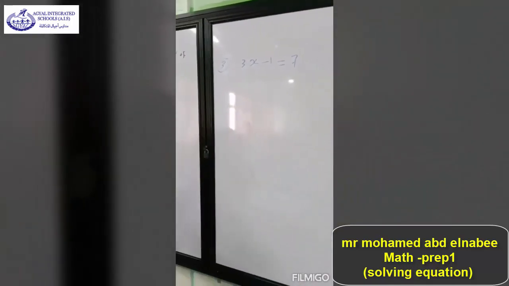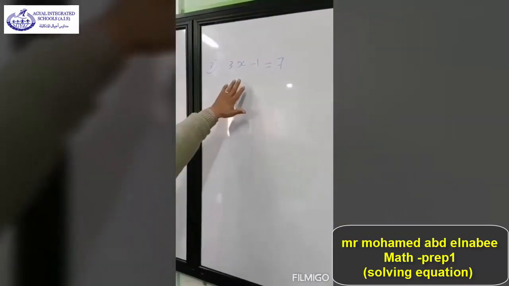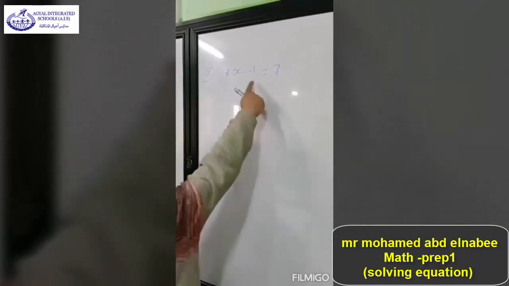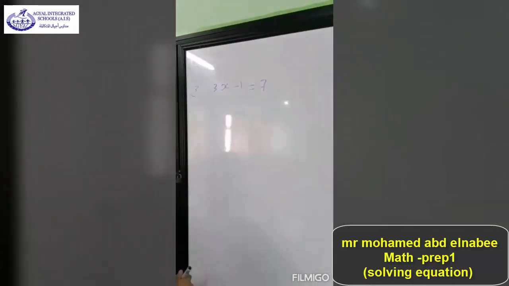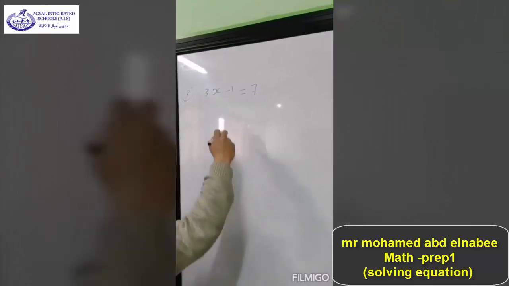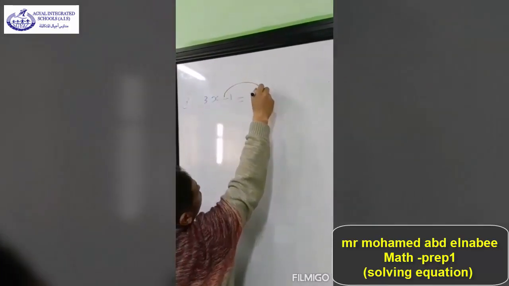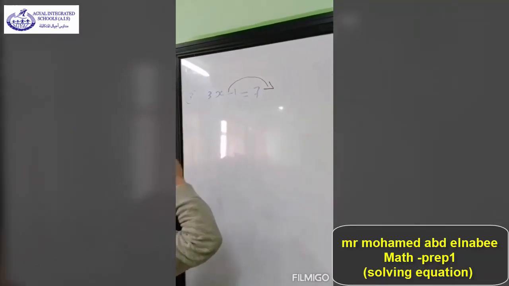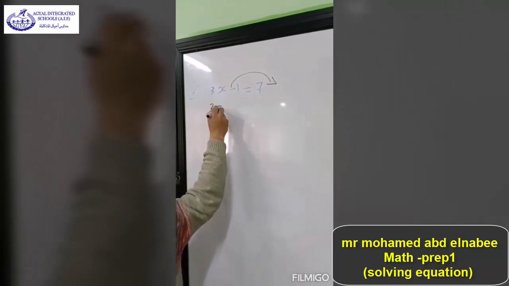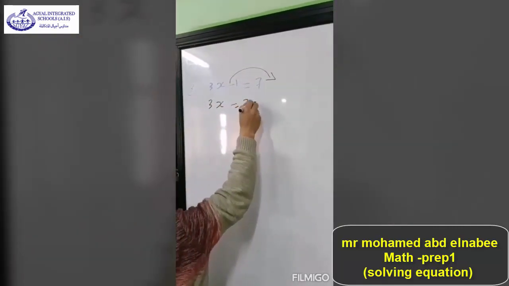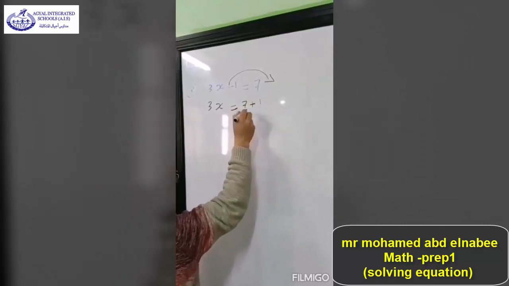We have a double operation in this: number 1 we have subtraction, and number 2 we have multiplication. One by one, this subtraction goes to the other side by the opposite operation. So 3x in this case equals 7 plus 1, which equals 8.